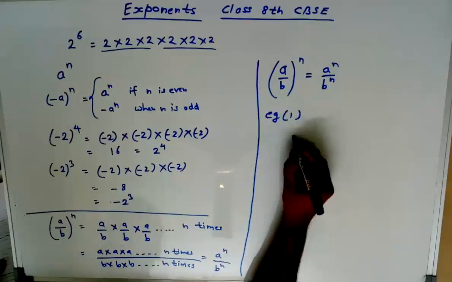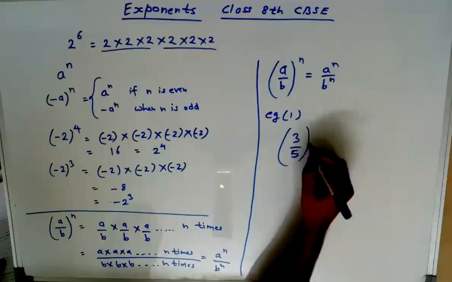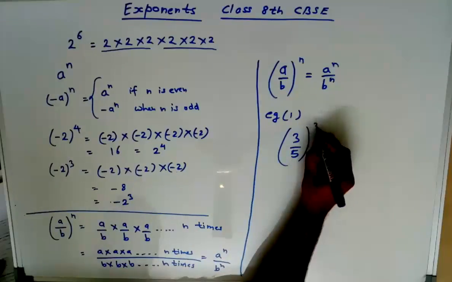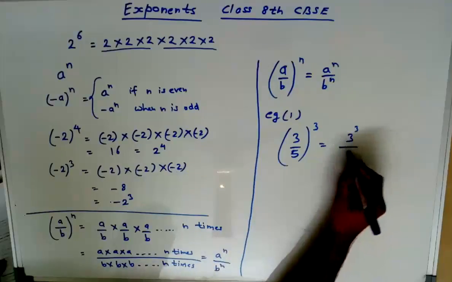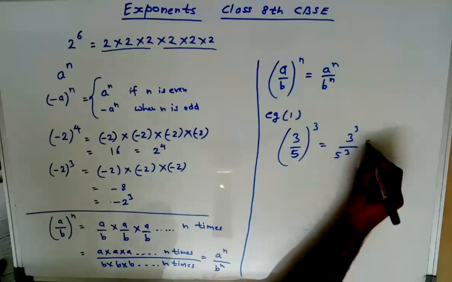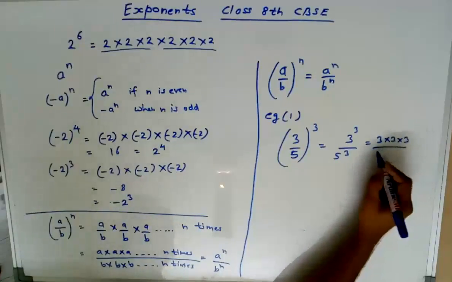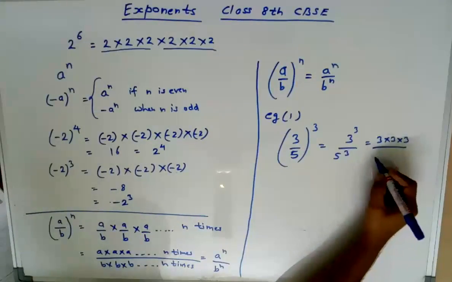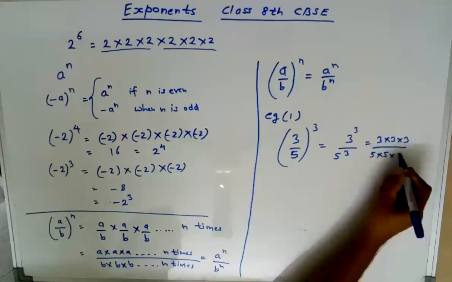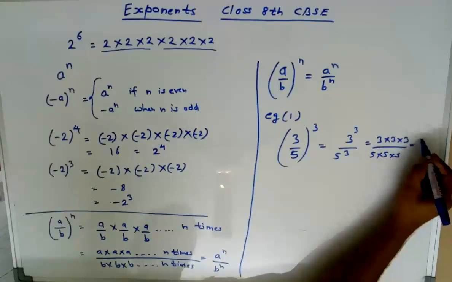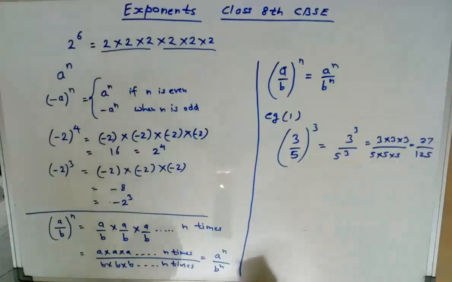Let us take the example 3 upon 5 raised to the power 3. We can write it as 3 raised to the power 3 upon 5 raised to the power 3. So it will be 3 into 3 into 3 upon 5 into 5 into 5. It will become 27, and 5 into 5 into 5 is equal to 125.